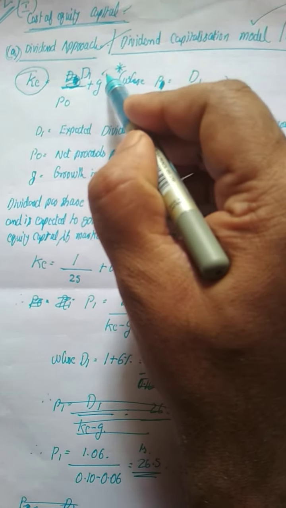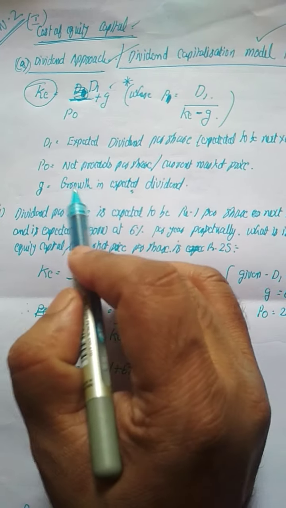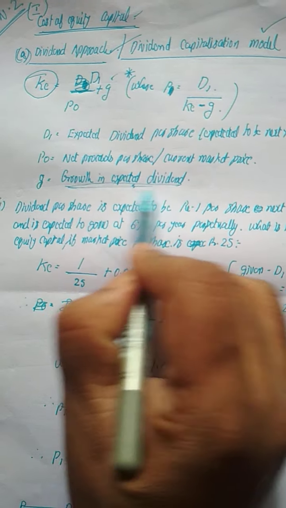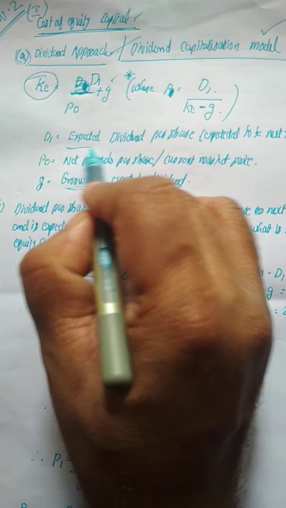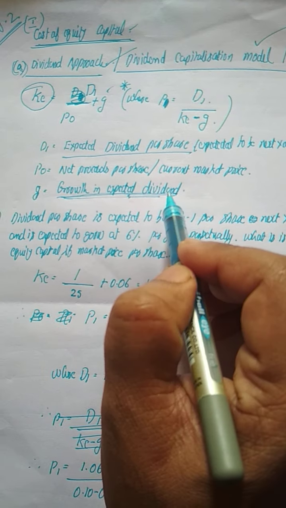That is why G is taken into account. G is the growth in the expected dividend. D1 is the expected dividend per share and G is the growth of dividend.